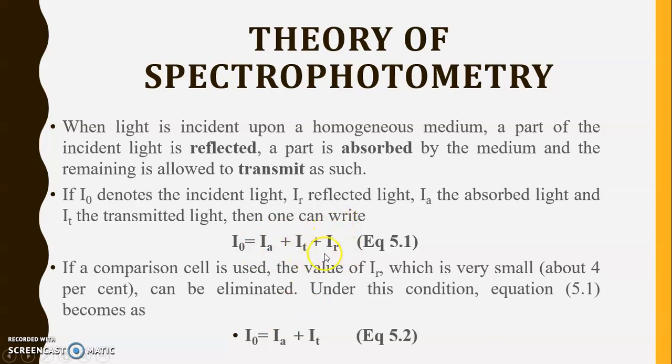So we can neglect this value and not consider it for the calculation, so that our equation becomes I0 equals IA plus IT. Here we are considering the IR value as 0.